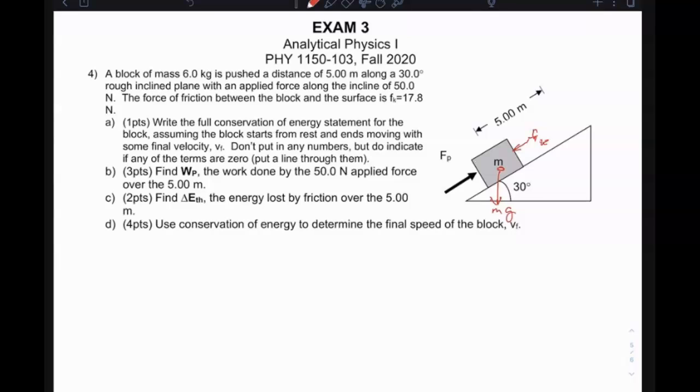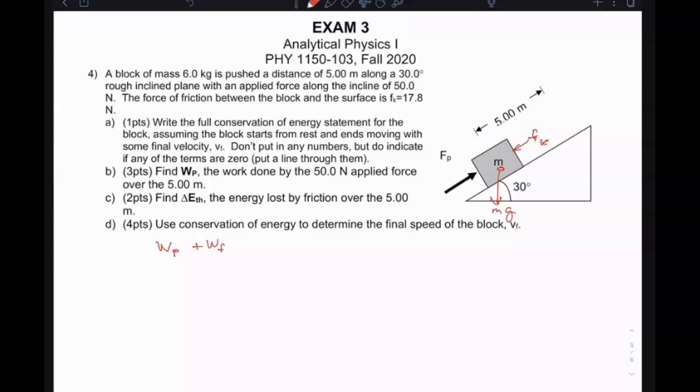If we write a full conservation of energy statement, we'd express it this way. We have the work that's being done by the pushing force plus the work that's being done by the friction.